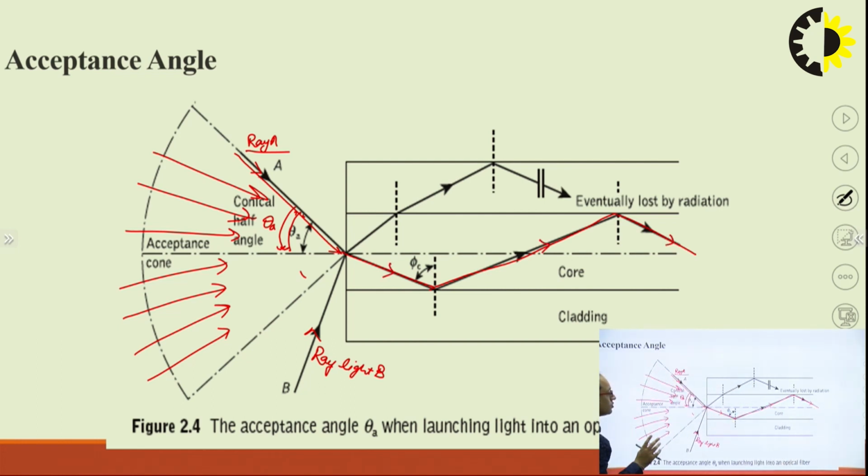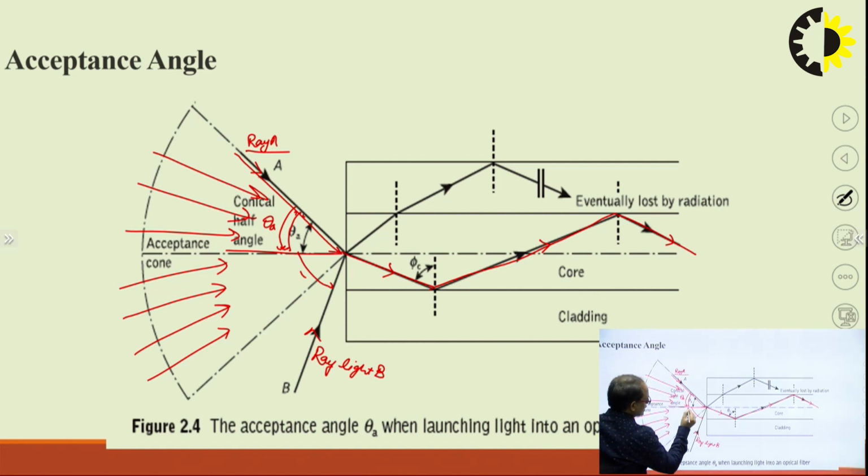Clear? Now, the ray which is beyond this acceptance cone or acceptance angle. Acceptance cone is the 3-dimensional figure which makes a cone, and acceptance angle is the angle made from the core cladding interface to the angle of entry at the air core interface.